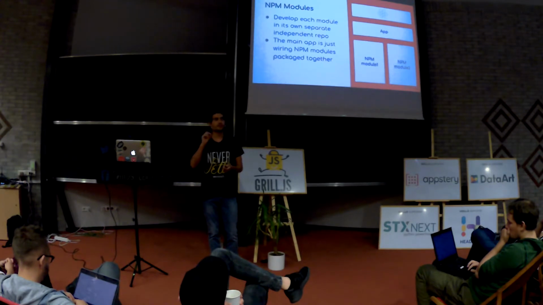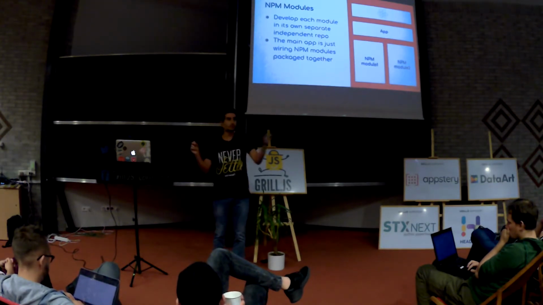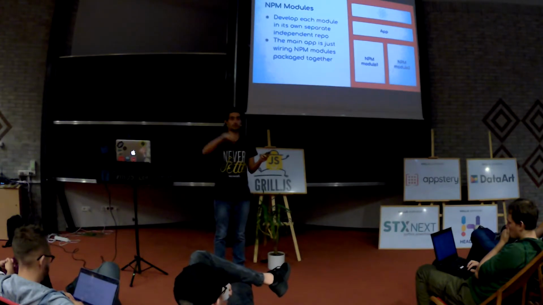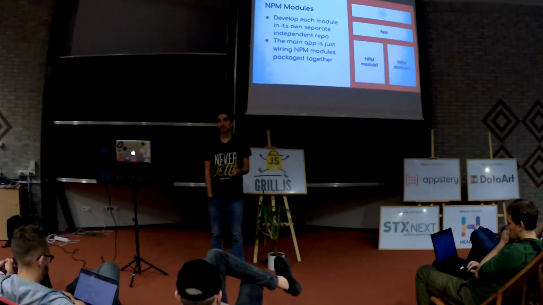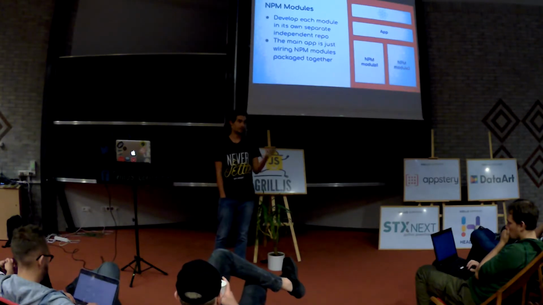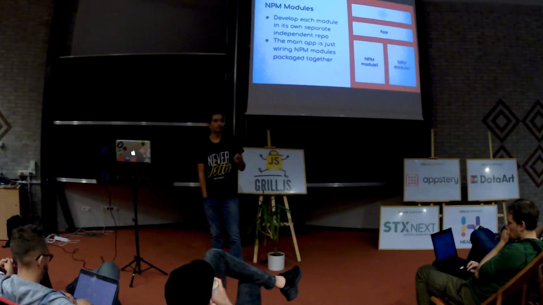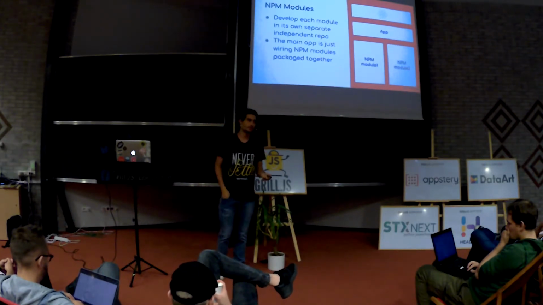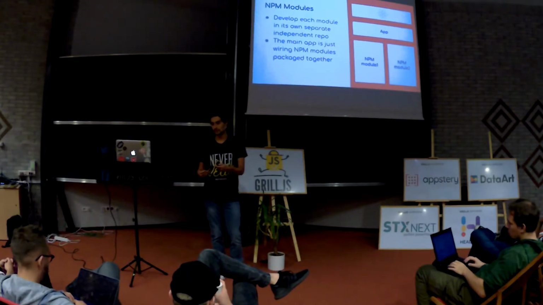Because with every little change you need to do two commits, one in your package repository and one in the main repository to just update a new version, okay? It's a bit of a hassle. There are a couple of tools that will help you with this, but the basic thing is something like this, and it's not that convenient, especially for components that change rapidly, okay?